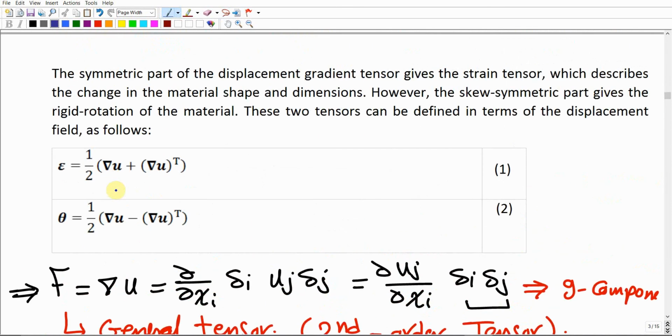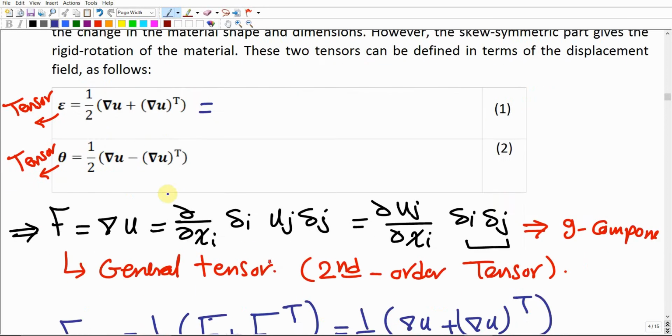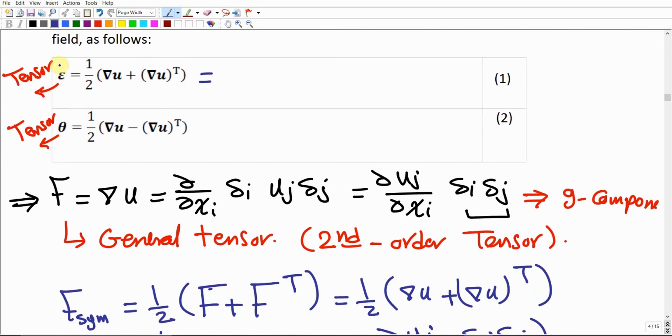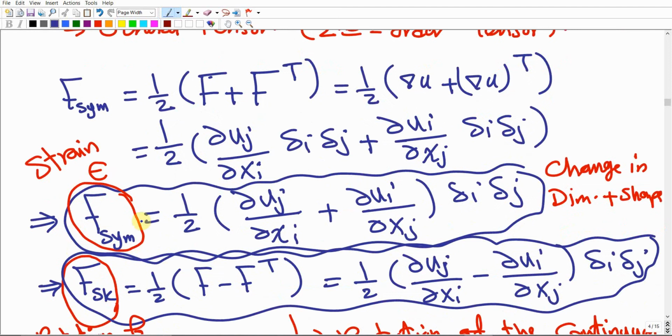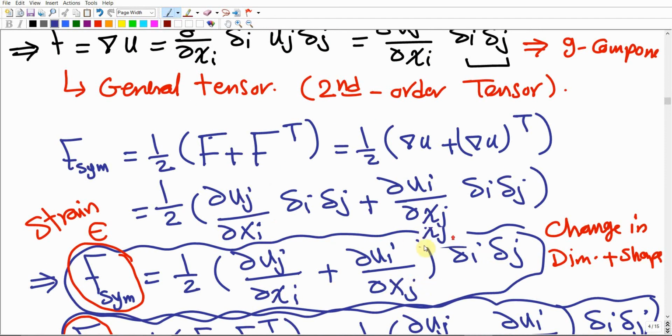So generally we can define the strain, epsilon, which is a tensor, a second order tensor. Also, the rotation tensor is also a second order tensor. So for example, as we did down here, the epsilon should be the symmetric part of the deformation tensor, which can be represented in this form as 1/2 the partial uj by partial xi plus partial ui by partial xj, and these are the unit vectors.